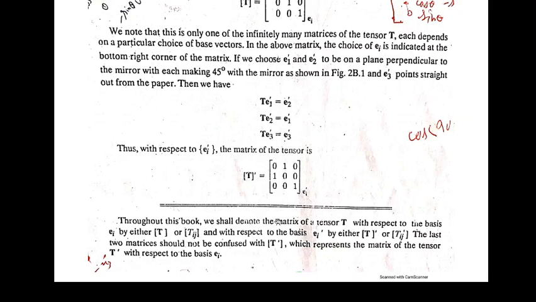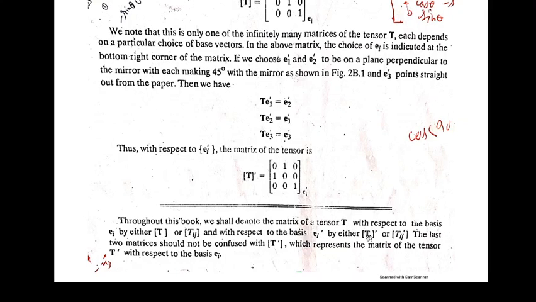Now keep in mind that wherever we have written this matrix T, this is the matrix of tensor T with respect to basis Ei, not dash. And wherever the dash is outside the bracket, this is the matrix of the same tensor T with respect to basis Ei dash.